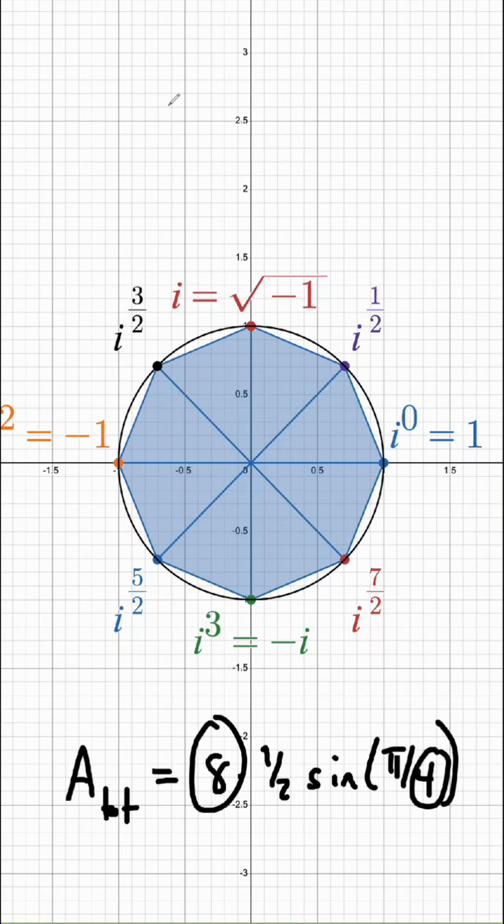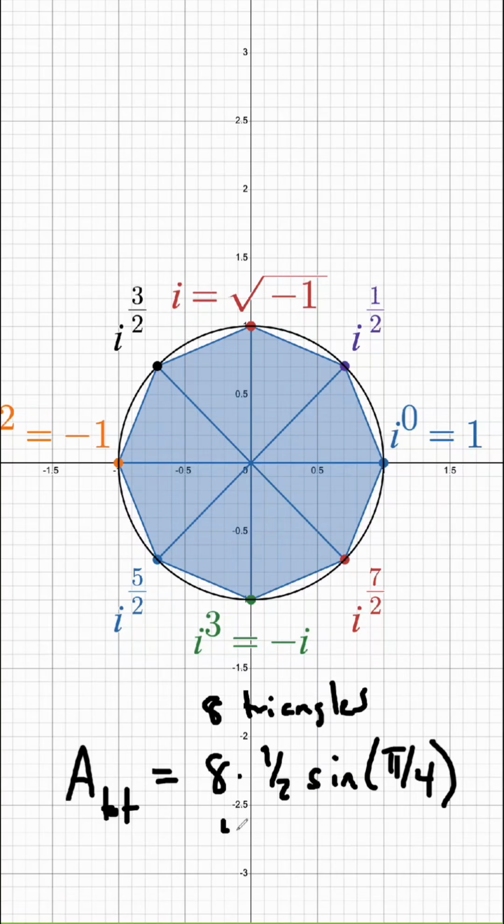And so what we could say is that the number of sides is increasing by a factor of 2. And our angle is always going to be determined by the number of triangles that we have inside, so it's going to be pi over n. So this is if we have 8 triangles.